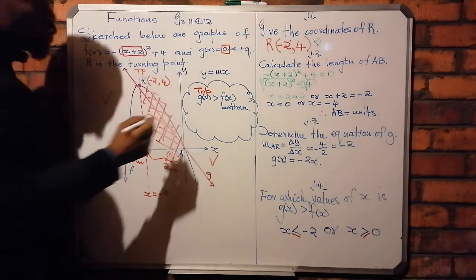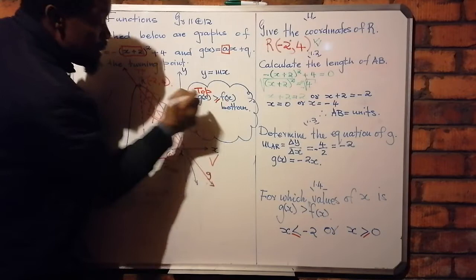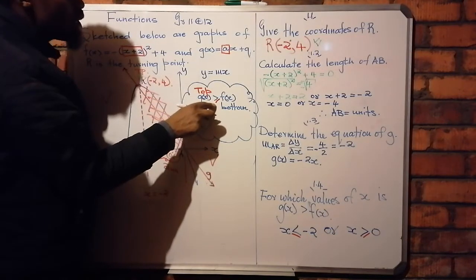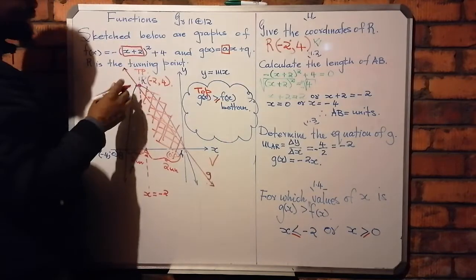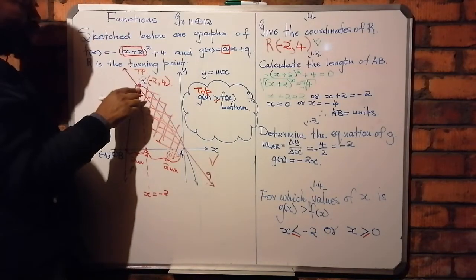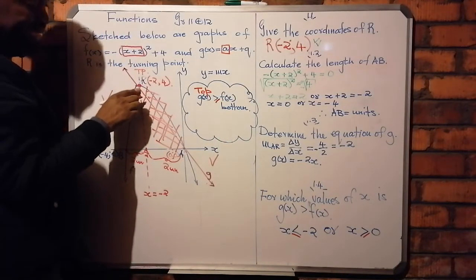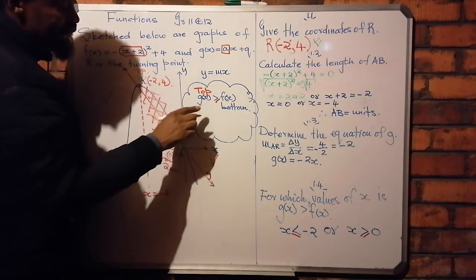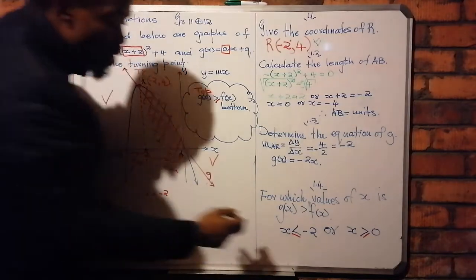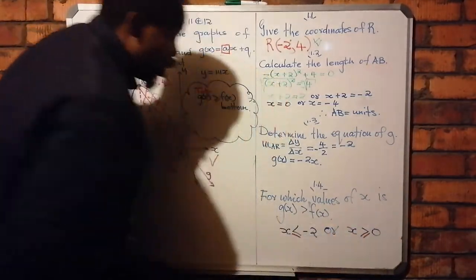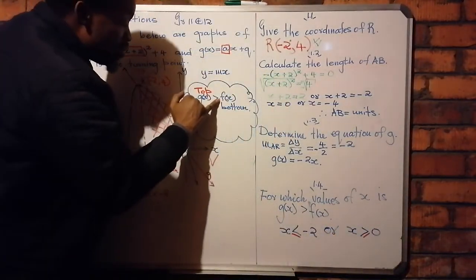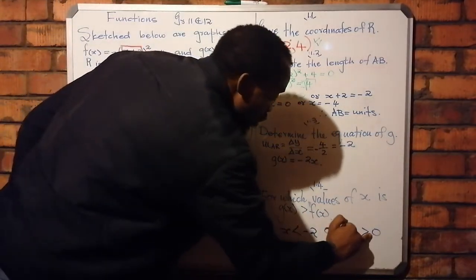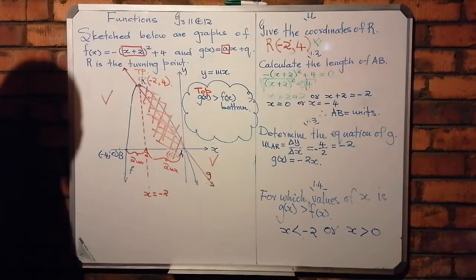They will be included if we say this one must be greater than or equal to that one, meaning that it must be on top or intersect. Must be on top or intersect. That is the only time when these would be correct. But if we do that, please don't include your critical points.